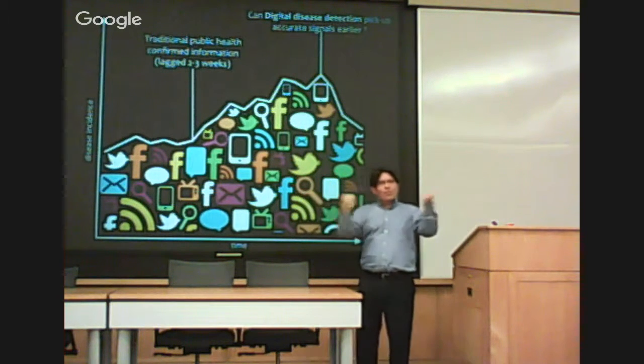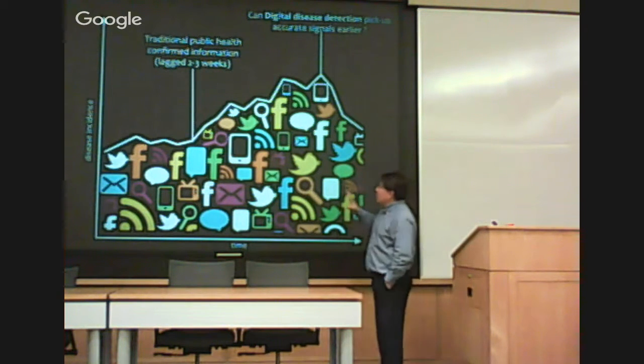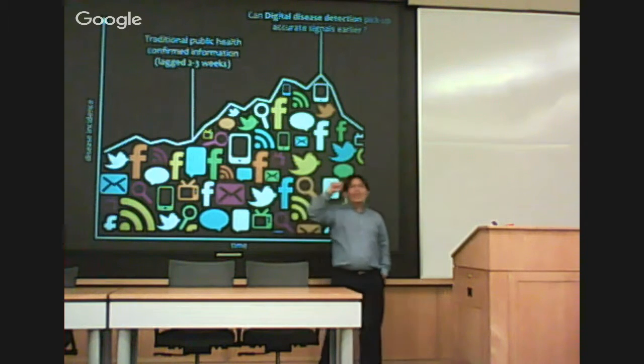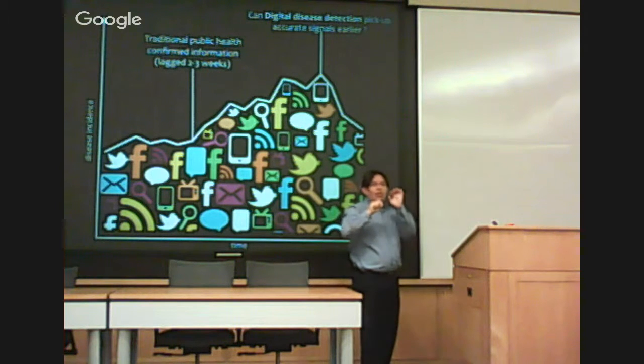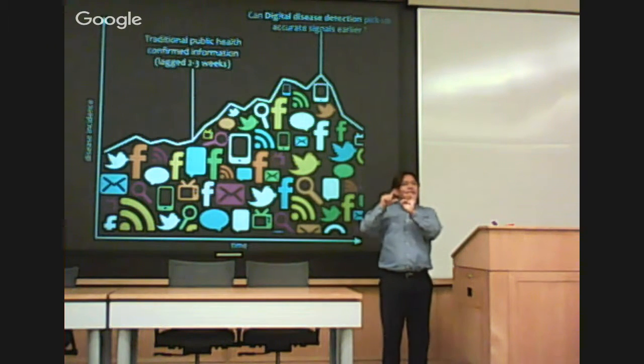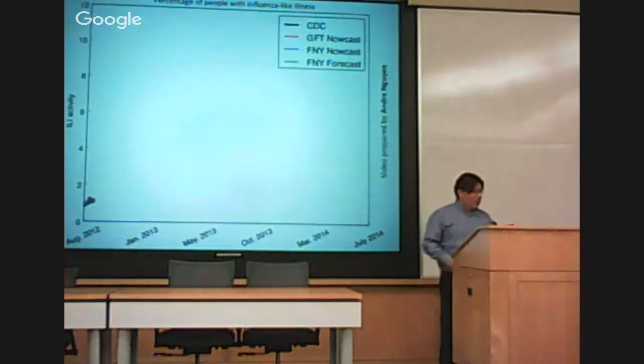So HealthMap gathers information from everywhere and maps when and where. What we're trying to do is put a y-axis to that plot, which is exactly like putting a number to tracking the disease incidence.